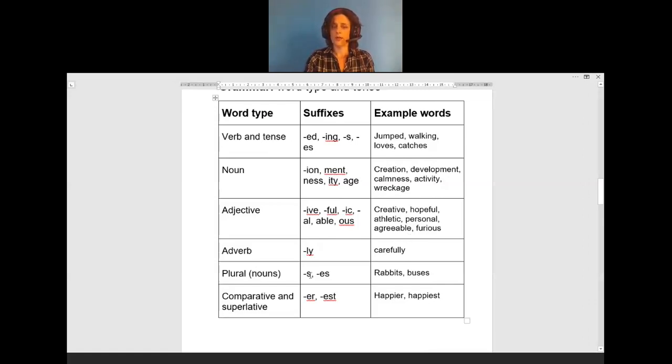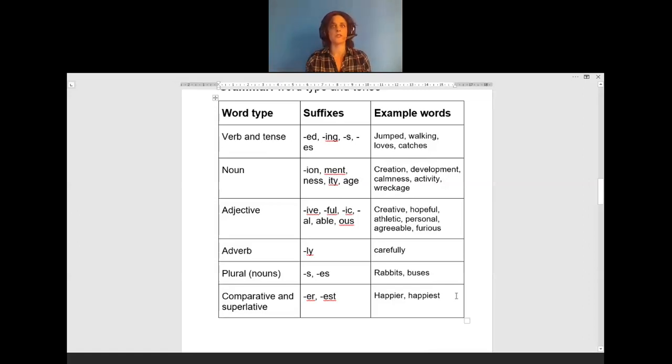Plural nouns. So s and es at the end of words, a bit like verbs. These ones can go after a noun to create plurals, which means there's more than one. And er and est are called comparatives and superlatives. So happier means that it's more happy than something else.